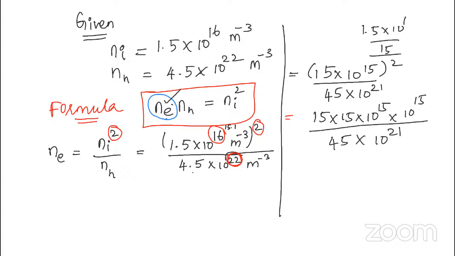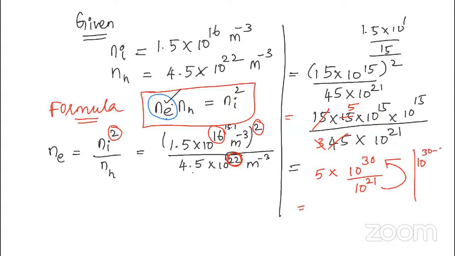We cancel by the 15th table. It becomes 3 times, and 3 is cancelled, giving 5 times. So 5 into 10 power of 30 divided by 10 power of 21. The 21 we can bring above, and it will have a minus sign. So 10 power of 30 minus 21 becomes 10 power 9. So the answer is 5 into 10 power of 9 meter cube.